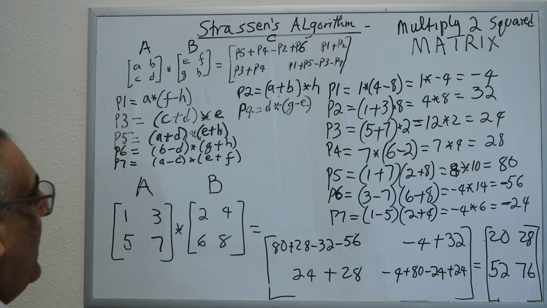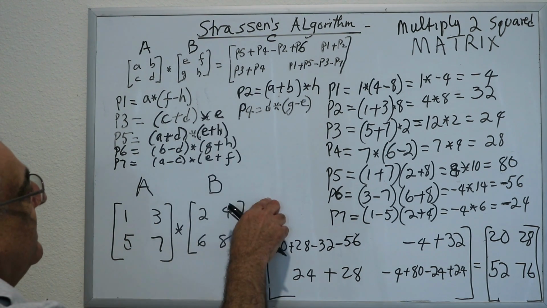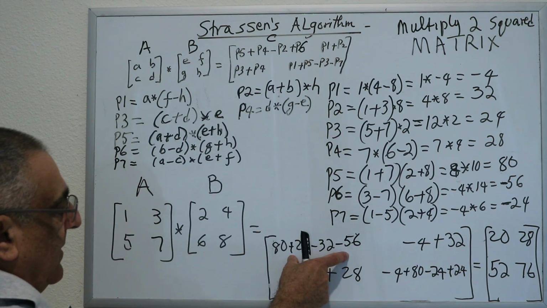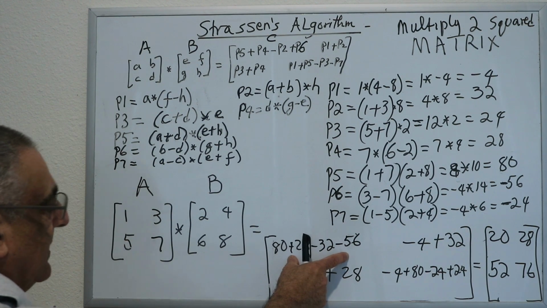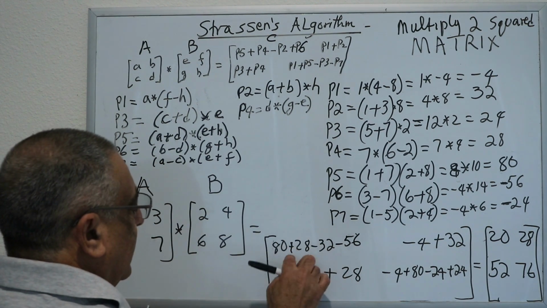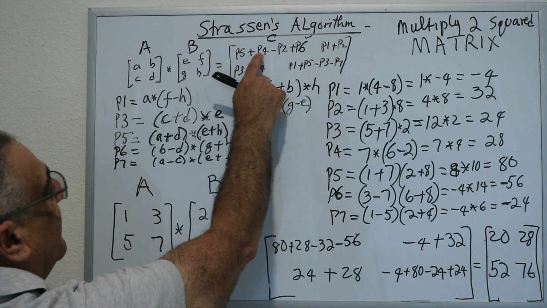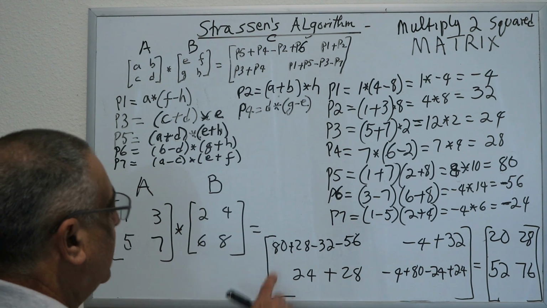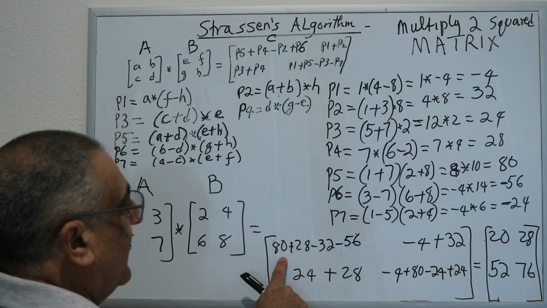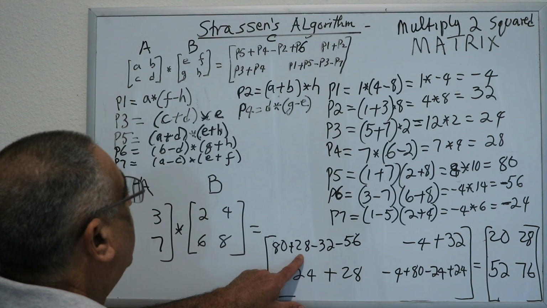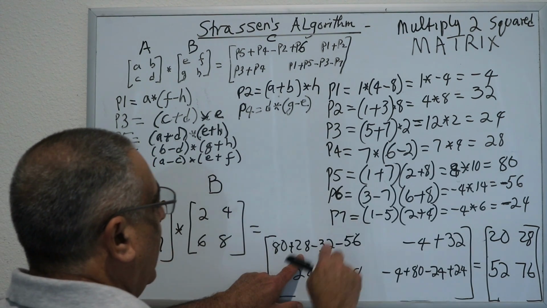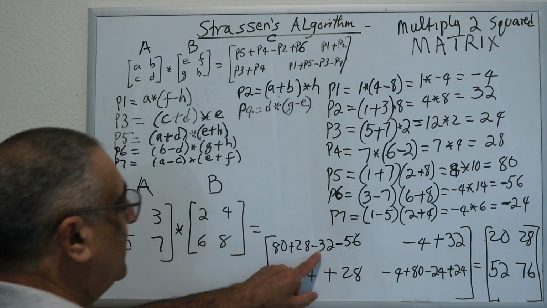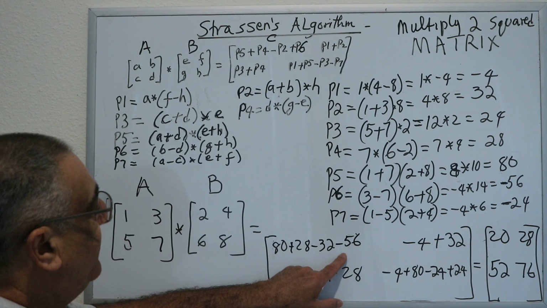Now, I'm going to just plug this in. So in this case, to get the first value here, this would be C11. To generate C11, he said it's P5 plus P4 minus P2 plus P6. So P5 is 80, P4 is 28, negative P2, that's 32, and then plus P6.